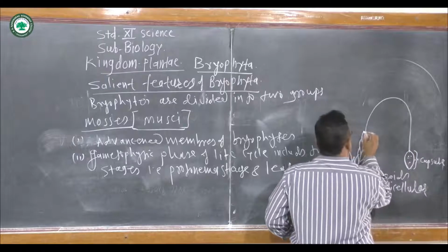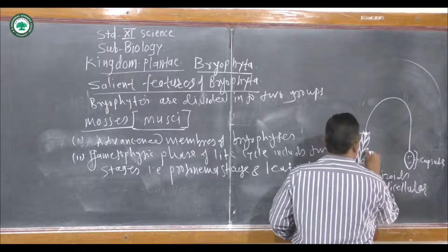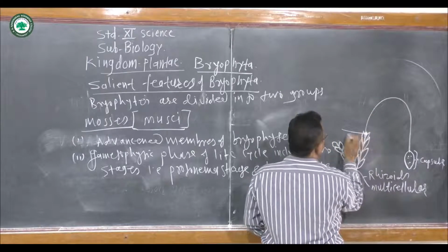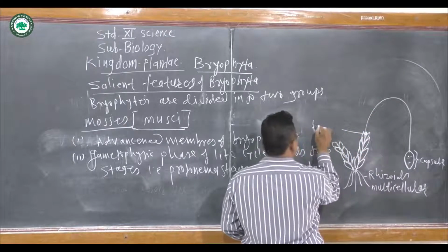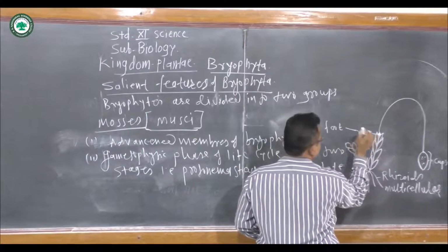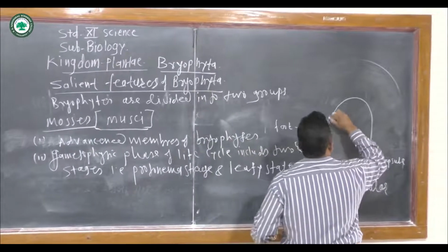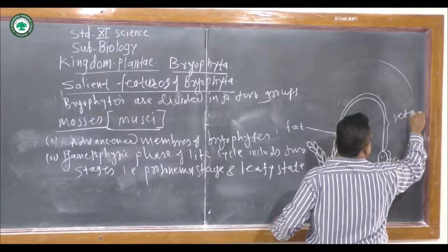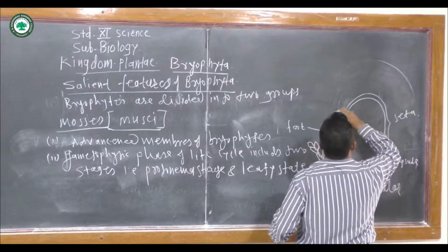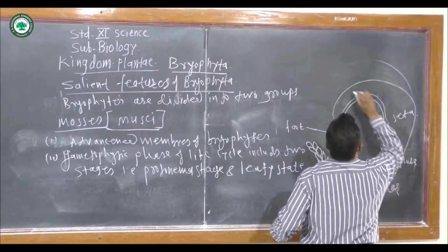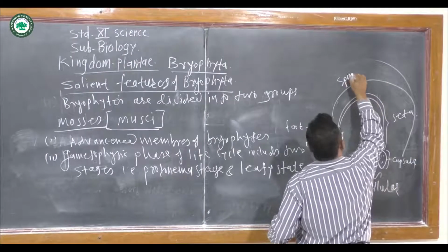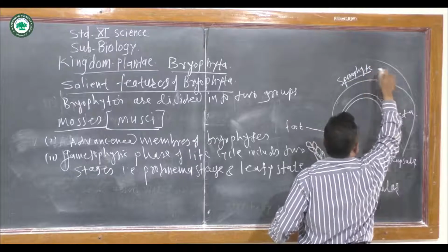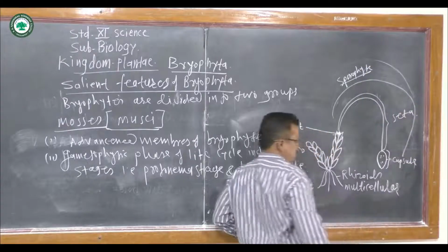Where the gametophyte and sporophyte are joined, the place is called the foot. The remaining region is the seta, and together it is called the sporophyte, a spore producing organ.